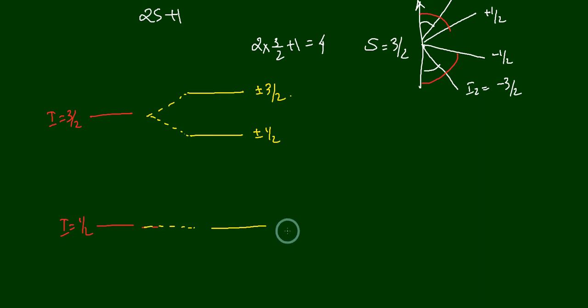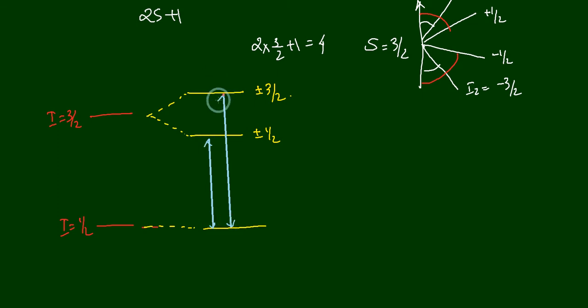If you are considering the transitions from here, how many transitions are possible? One possible transition is this one, from here to here. And another possible transition is this one. So these are the two possible transitions between the excited state and the ground state.